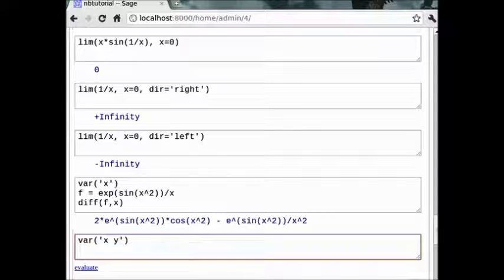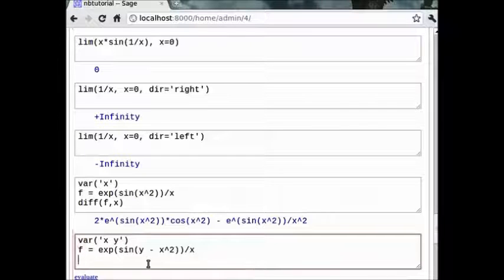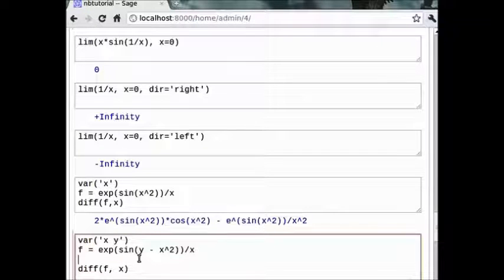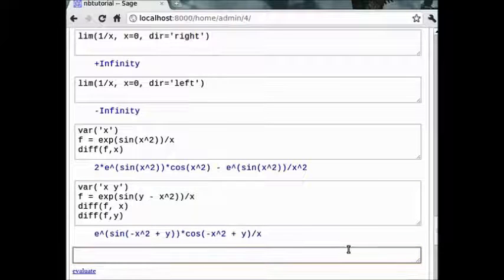So you can type var('x y'), then in second line you can type f = exp(sin(y - x^2)/x), then you can type diff(f, x), then next line you can type diff(f, y). Thus we get our partial differential solution.